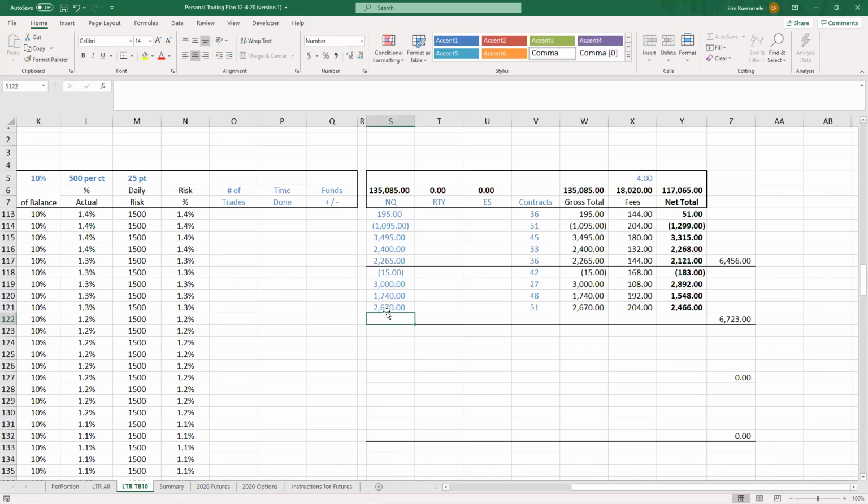Yesterday, we lost 15 points, $20 a point, 3 contracts, so gave back about $900. And then we had 13 trades, 3 contracts, so 39 total contracts. And then today gave back 12.75 points, $20 a point, 3 contracts, and that's $765.